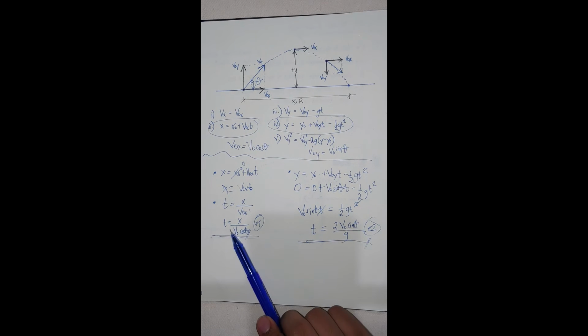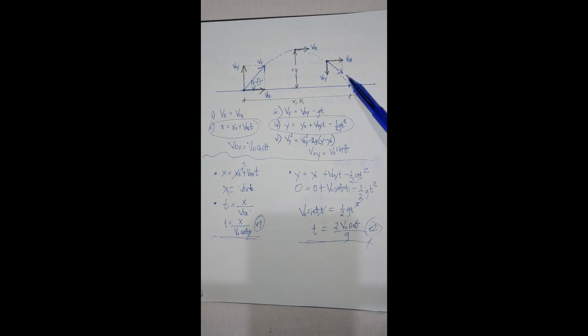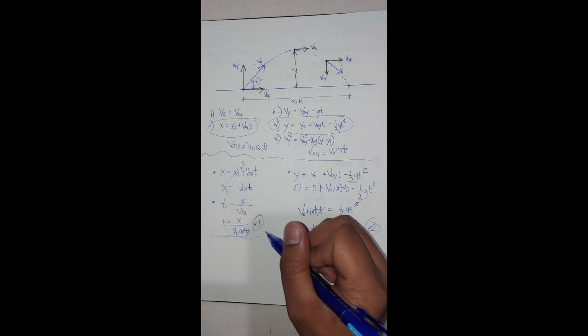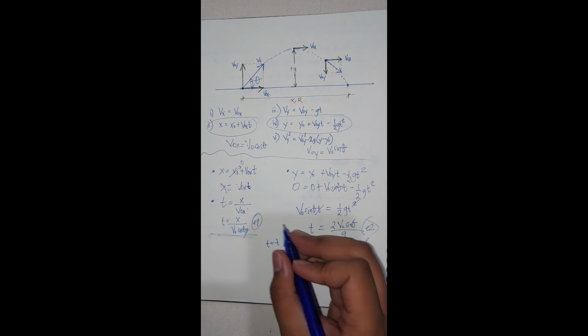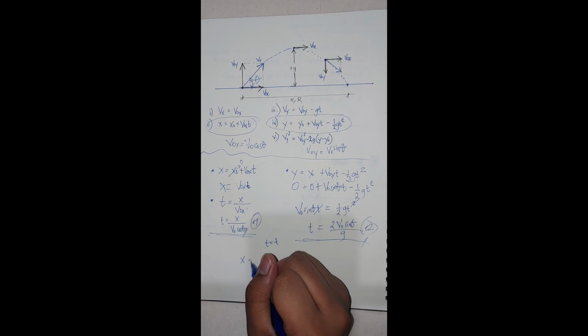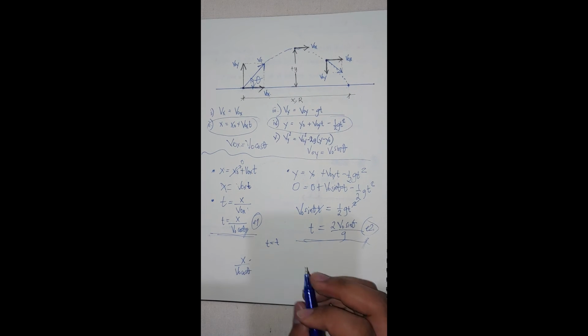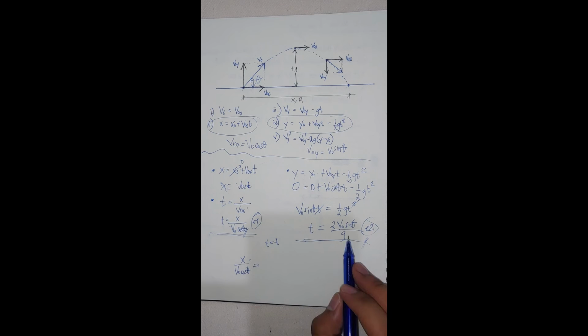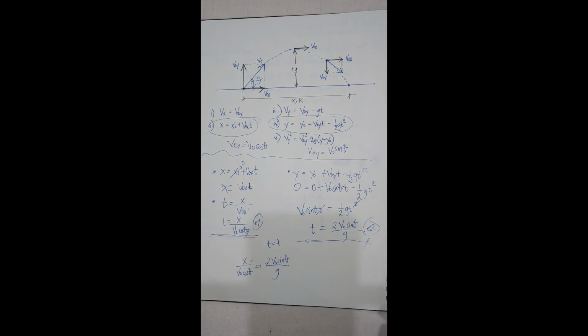Since the time of the x to y is just the same, no? Okay. Same naman ni sila from here to here, time traveled. Then we can equate the equation 1 and equation 2 since time here is just equal to time here. So we can have that the x over the initial velocity cosine theta equals this one, twice the initial velocity sine theta over the gravity.